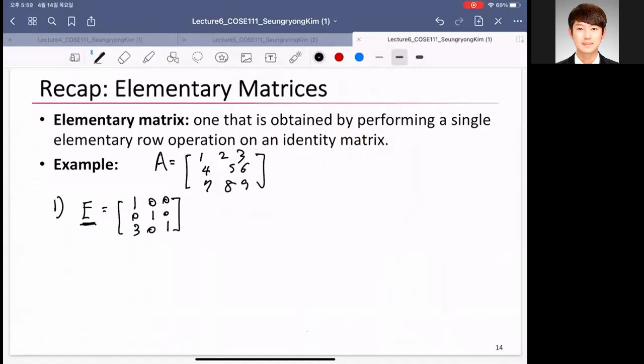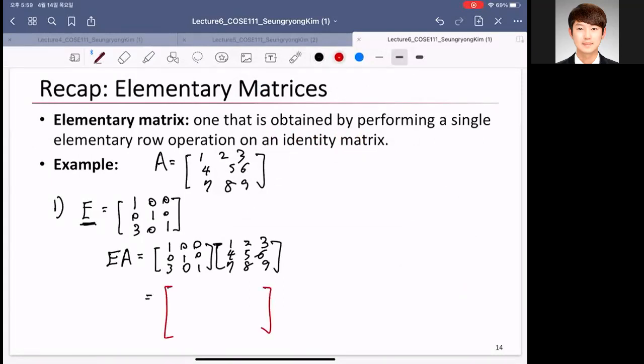Okay, let's do that. If we multiply E times A, it's going to be 1, 0, 3, 0, 1, 0, 0, 0, 1, times matrix A, which was 1, 2, 3, 4, 5, 6, 7, 8, 9. Let's compute this. The first element is computed by the first row and first column, so it's going to be 1. The second element, first row times second column, is going to be 2.